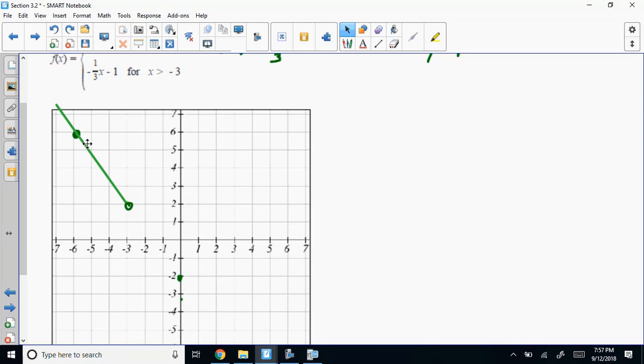That's an open dot at -3, okay? And then I can get rid of this one, right? Let's just show you.